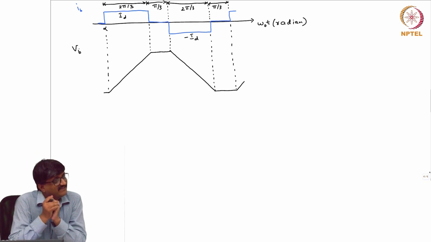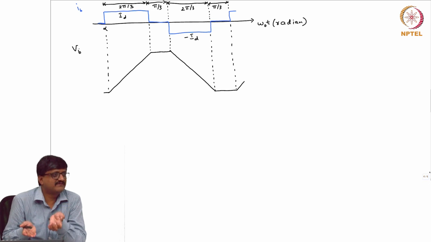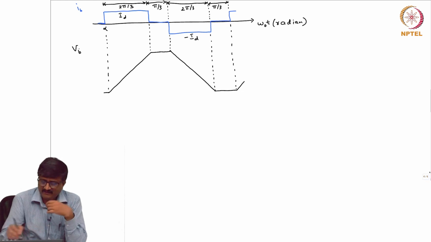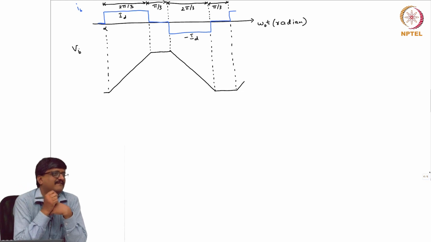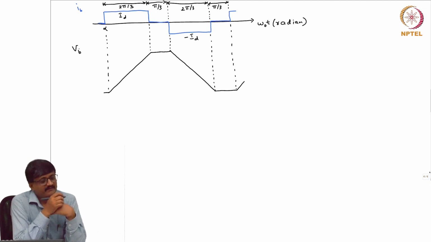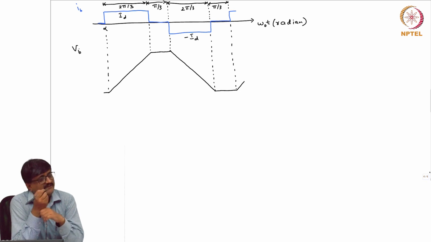I have not drawn the omega OT axis because I don't know the average. If I knew the average, I would have drawn it. So, what is the average?